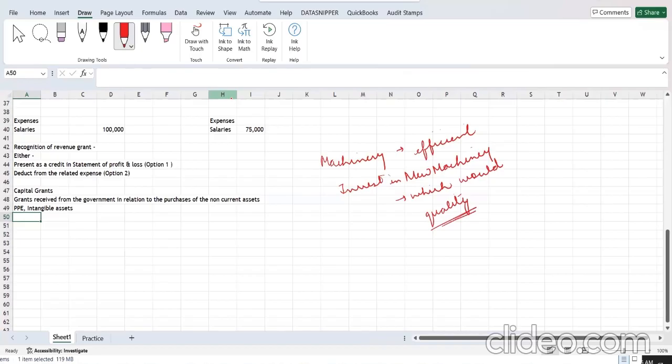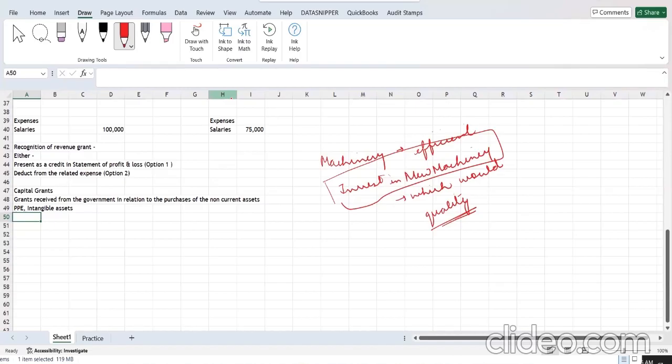If government is saying that if you invest in any machinery, in X sort of machinery, or not just machinery, like any non-current asset, like setting up a factory, setting up a plant at a remote location, or if you want to export goods, so you want to have that sort of infrastructure that you can create to meet that condition, right?